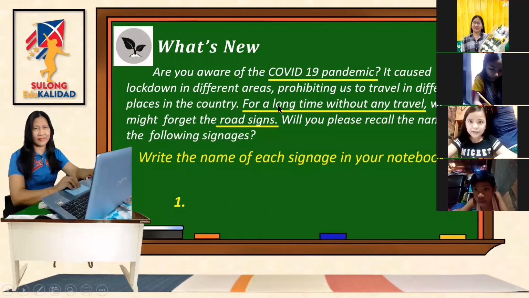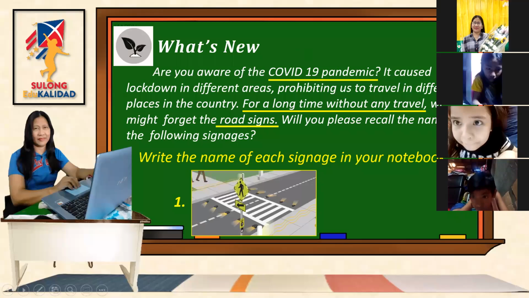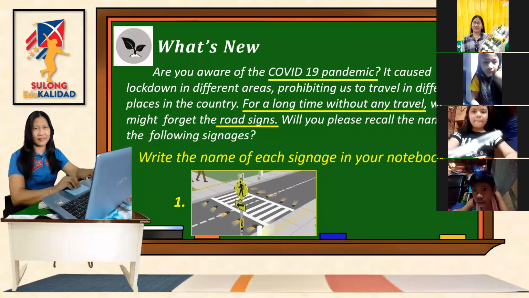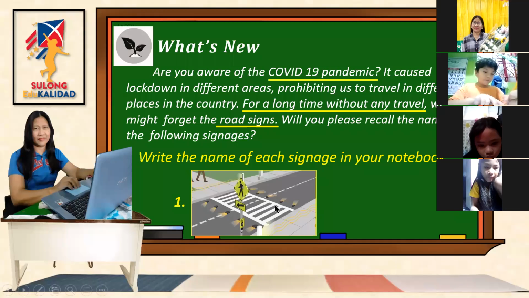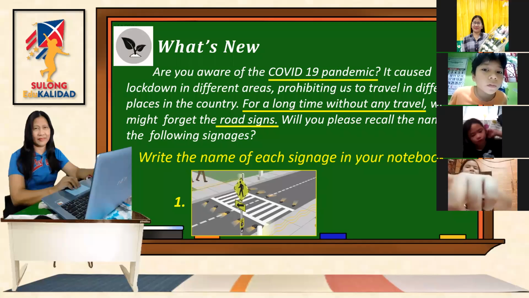Here's number 1. Do you recognize that road sign? Nakikita ba yan, children? Opo, ma'am. All the signage on the road. So, write it on your notes.